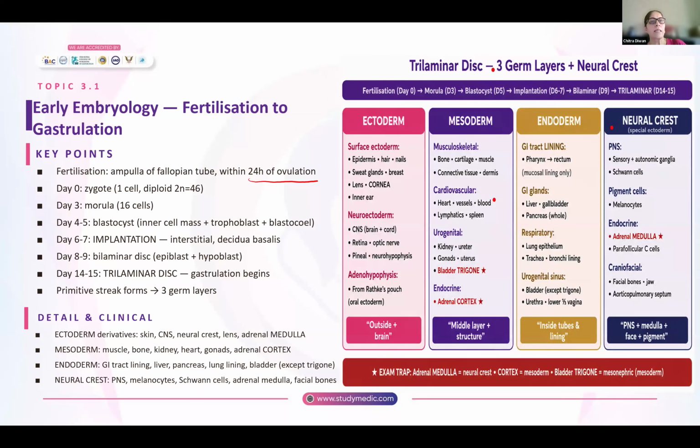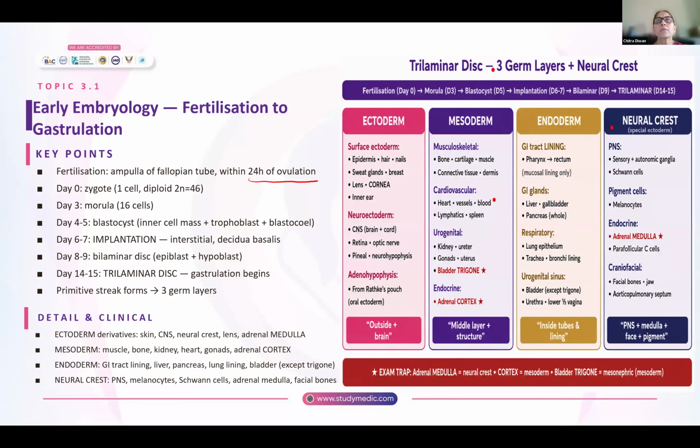This is very important because if there is some defect in transport of this morula from the tube to the uterus, and implantation occurs in the ampulla of the tube, you would get what is called an ectopic pregnancy.